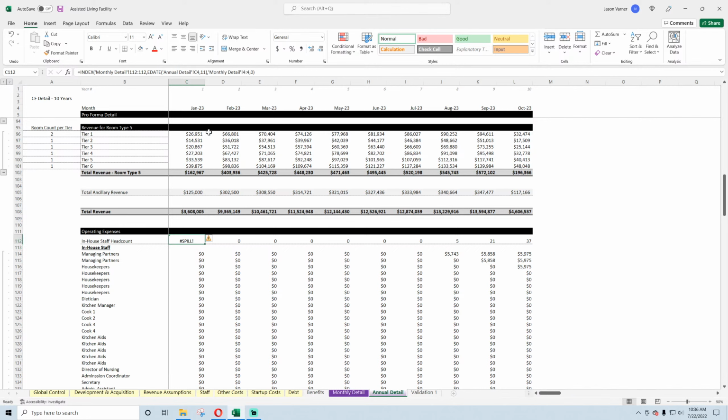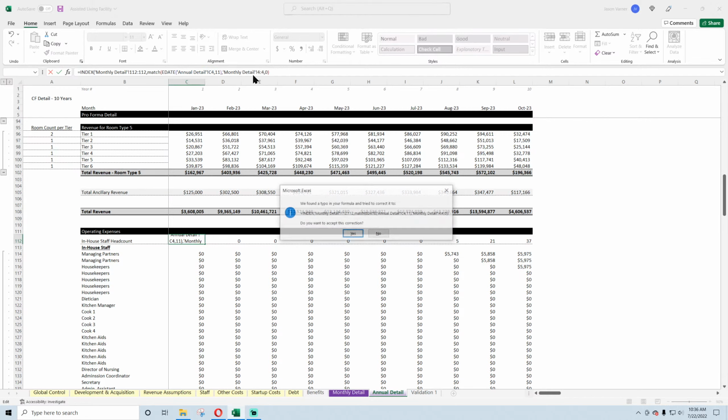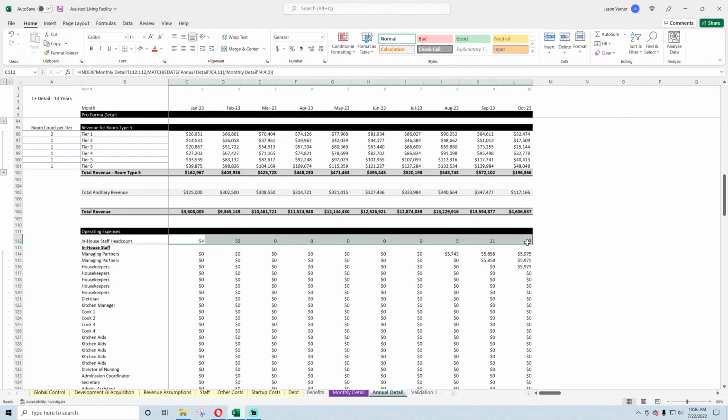What do we do here? Let's see. So we want that row match. There's our match. Match this with that. So there's our end count over time.